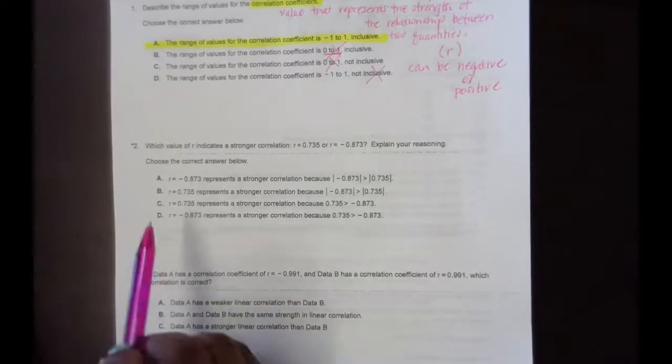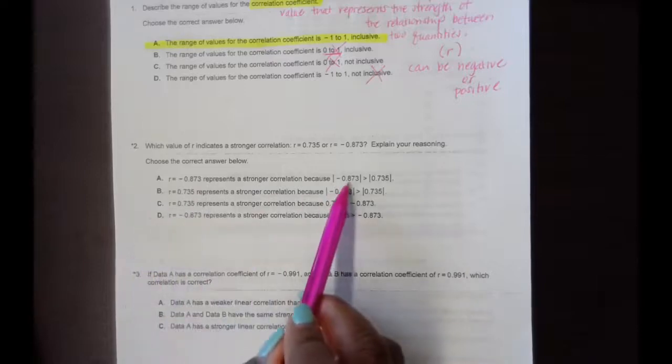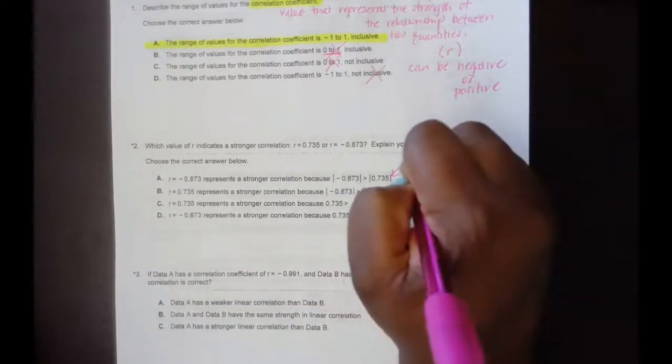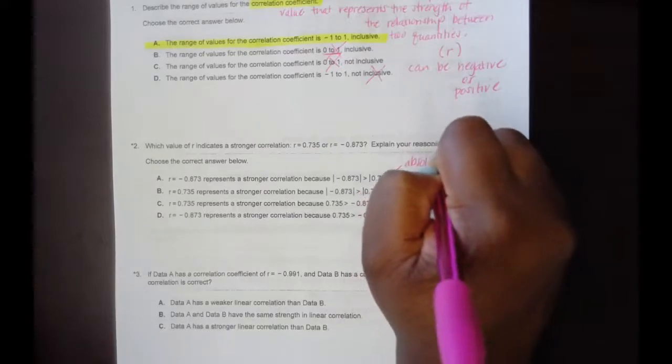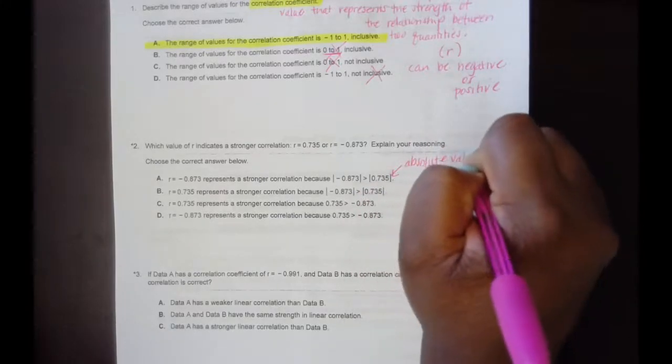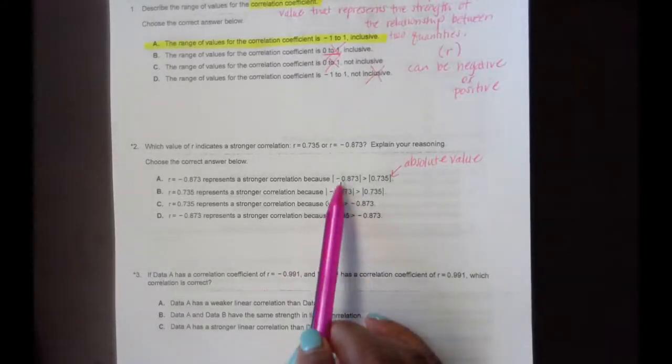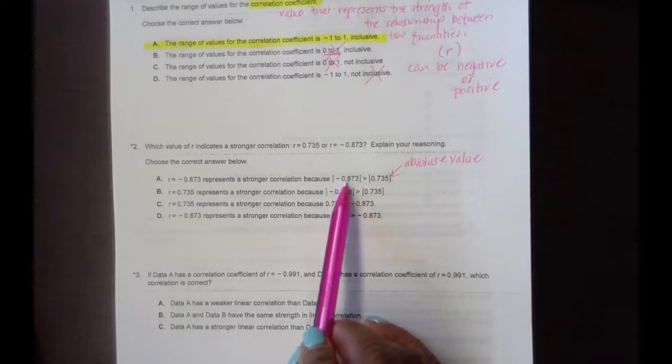So let's first talk about these bars. Just a reminder that these bars are absolute value. Alright, so when I find the absolute value of a number, I'm really finding how far this number is away from 0.